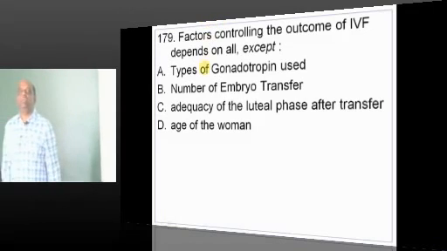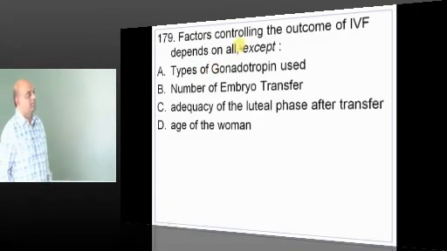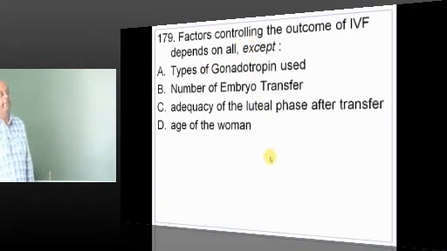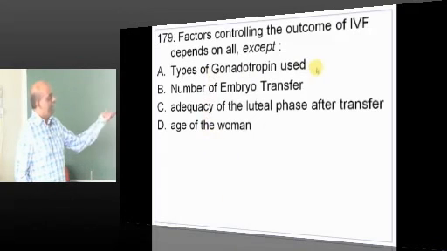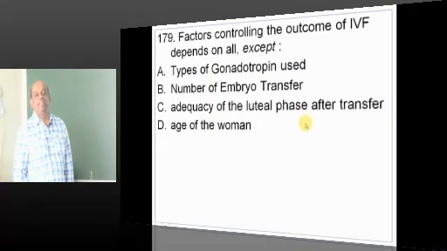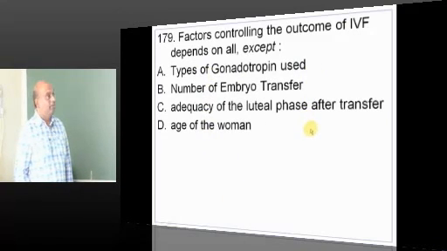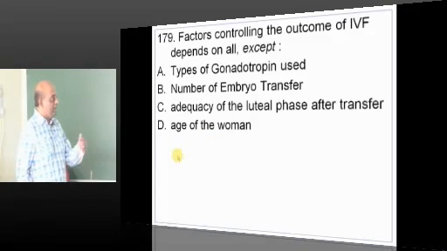What decides the outcome of IVF, except? Sir, I have written A because HCG. Because that is the correct answer. Type of gonadotropin used is not having any bearing. I have written D because HCG is a better stimulant.